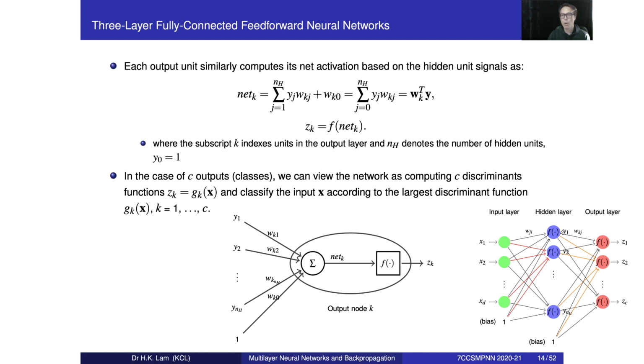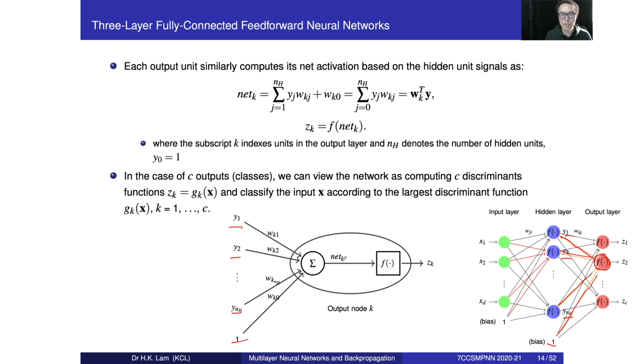For example, once we have y1, y2, ynx, including the bias, if we look at these orange links, and extract this output node and put it right here, and expand and zoom into that.